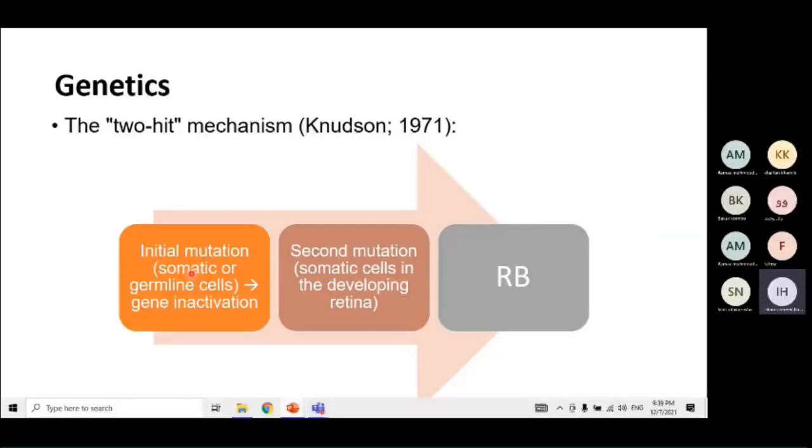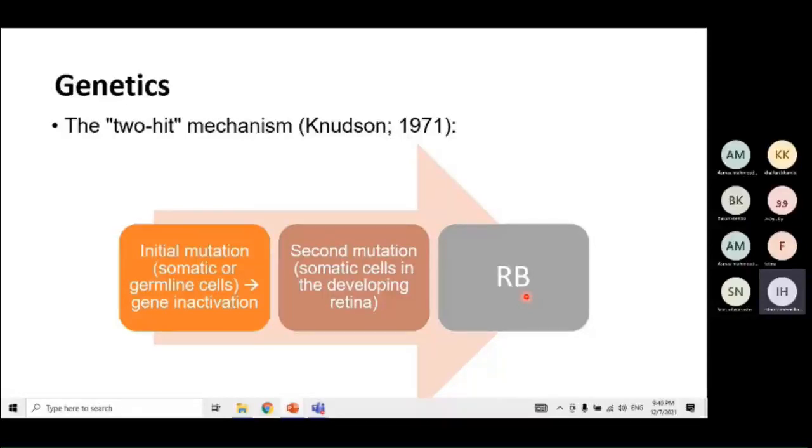This may happen in one of the germline cells, and subsequently it will be present in all the cells coming from this germline cell, or it may happen only in a few somatic cells. Then there should be a second hit, or a second mutation, in one of the somatic cells developing in the retina, leading to inactivation of the second allele of the tumor suppressor gene. Inactivation of the two alleles of the tumor suppressor genes is needed for retinoblastoma to occur.